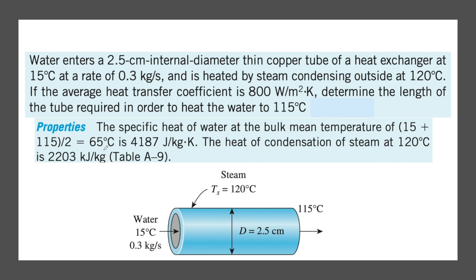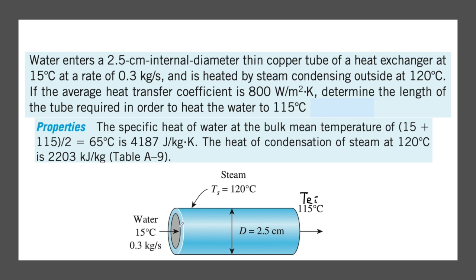Then the exit temperature for the water from the pipe is 115 degrees Celsius. So this is the exit. And the steam outside of the tube is at 120 degrees Celsius.